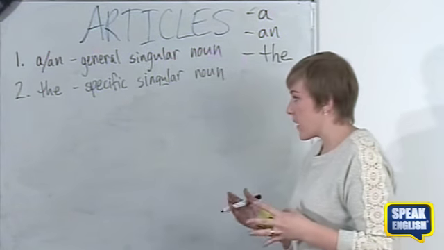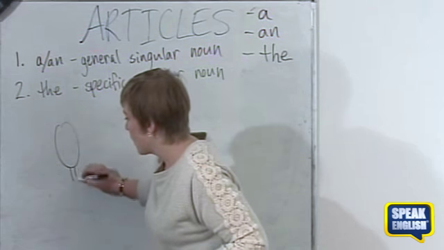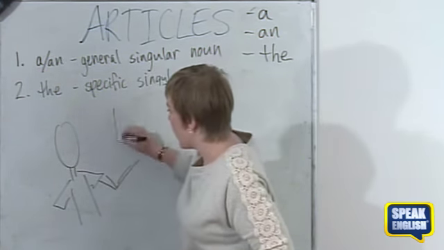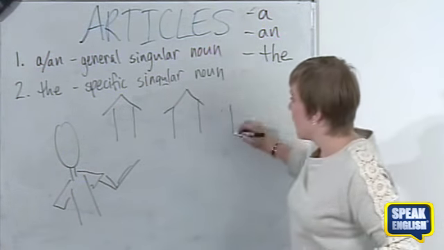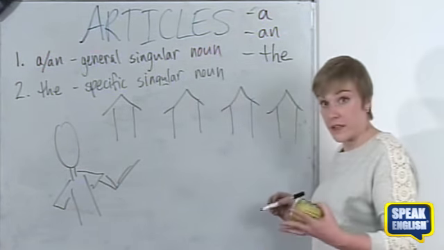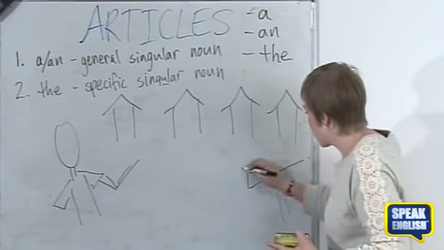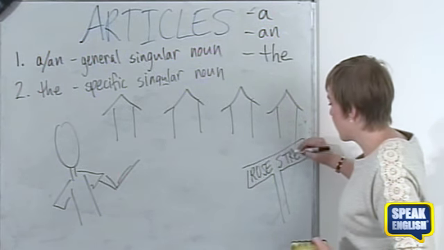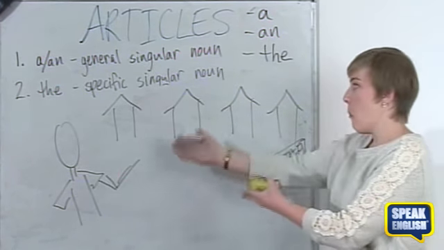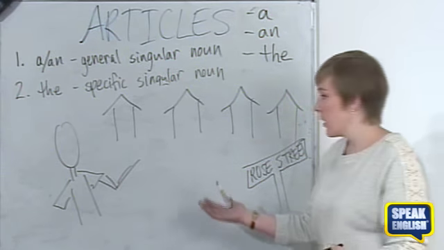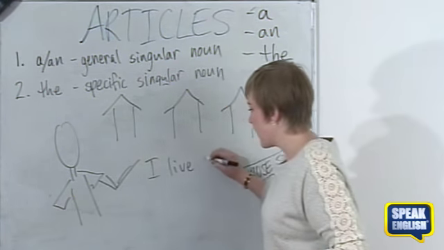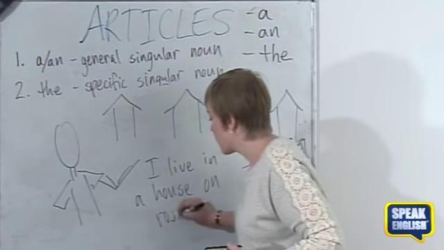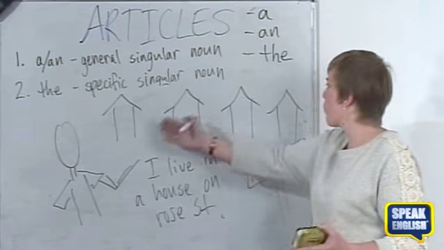Let's do a different example. Maybe we have a boy, and this is his street. Maybe the street name is Rose Street. And which house is his house? Maybe it says, I live in a house on Rose Street. That's very general. Which house?